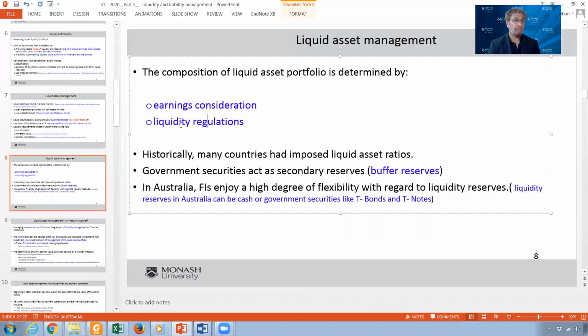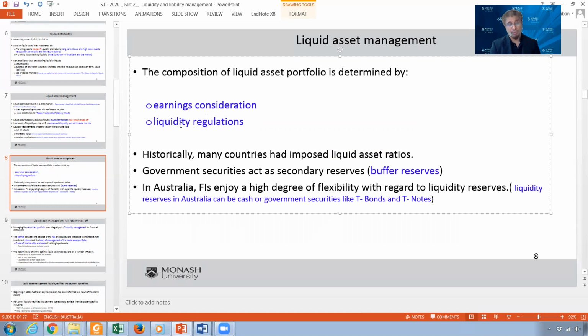Also, governments have their own local regulations for what percentages the liquidity should have. So it's not in my hand how much liquidity or short-term assets I should have. It's also governed by the regulations.